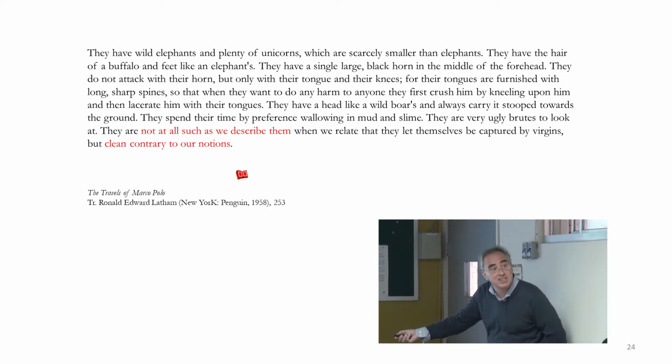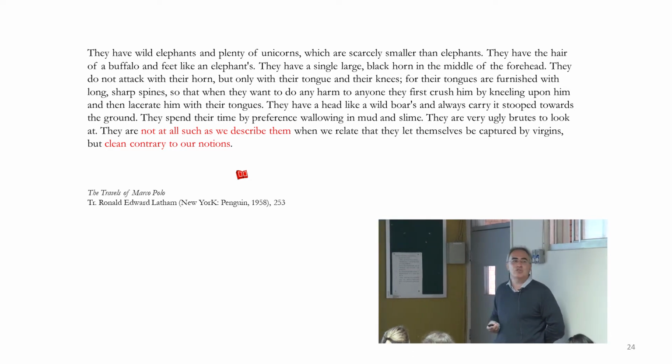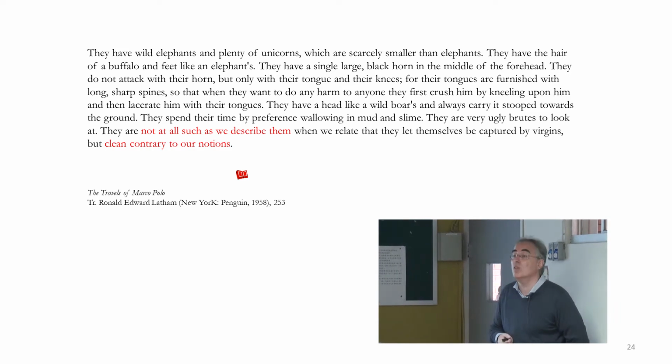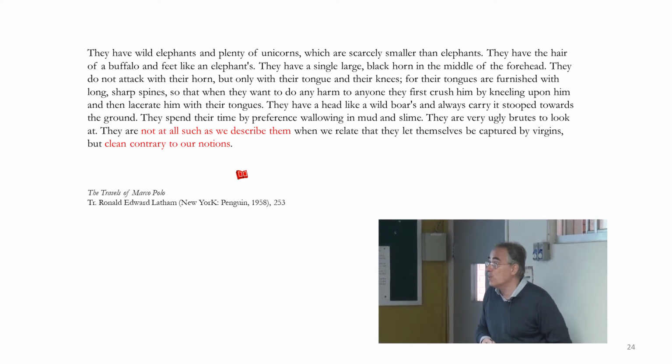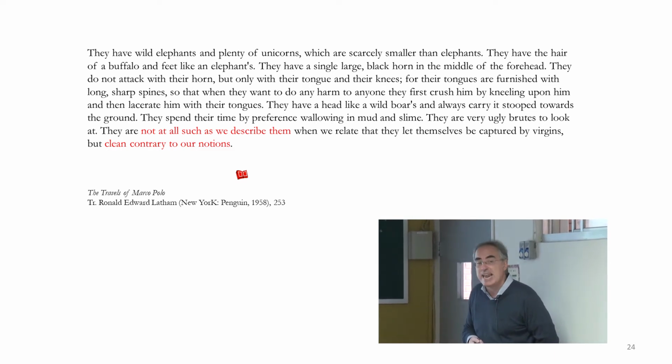Marco Polo's text was one of the most popular texts in the Middle Ages, and it was reproduced in manuscript forms many, many times. One of the most beautiful such manuscripts is housed at the National Library in France. It's the famous manuscript 2810, which is a collection of texts related to wonderful travels.